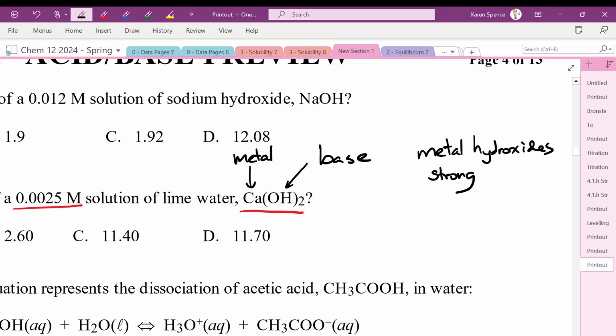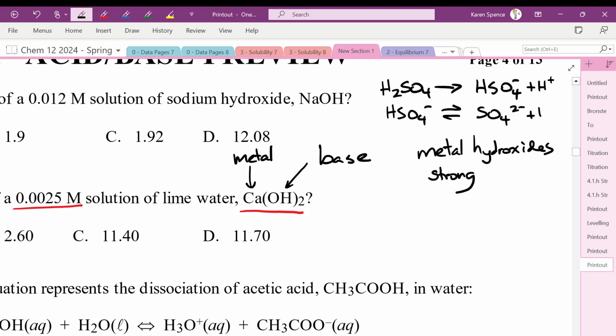And they don't behave like acids where if you have a strong acid, like H2SO4, only one of the protons comes off strongly, and then the second one comes off a little bit less. But metal hydroxides don't do that.